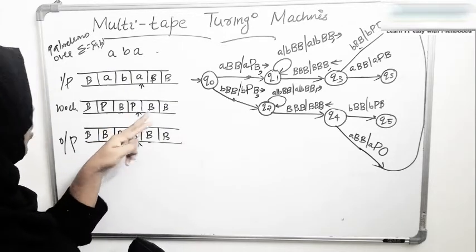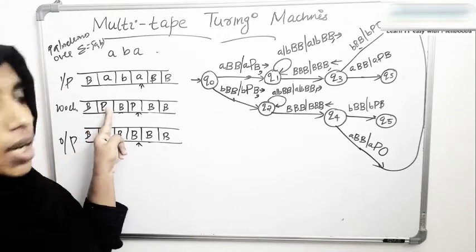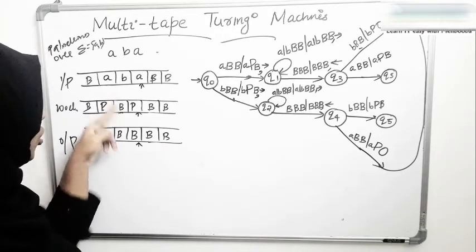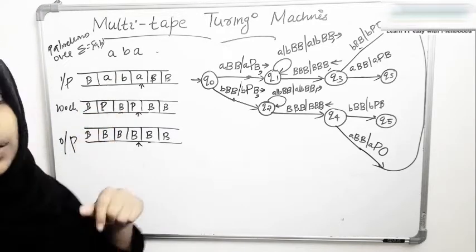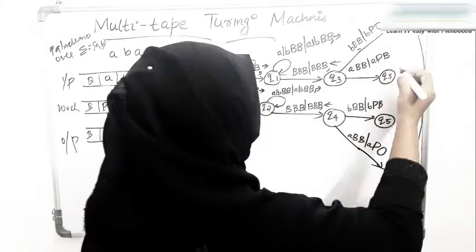When you keep on moving to the left, you just have to move till you find a P, because the character which is lying next to P is the character that you need to process next. So at Q5, you just keep on moving to the left. Whether you are seeing A or B, and blank in both tapes, you just leave them as it is.